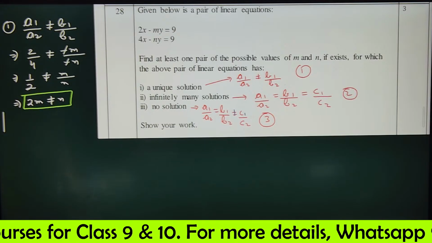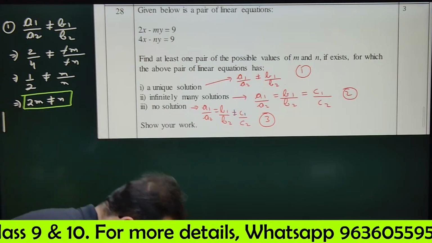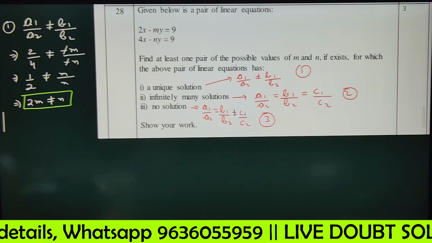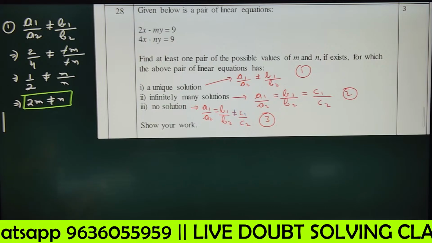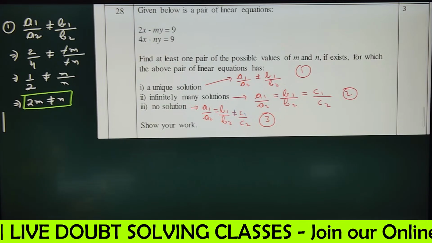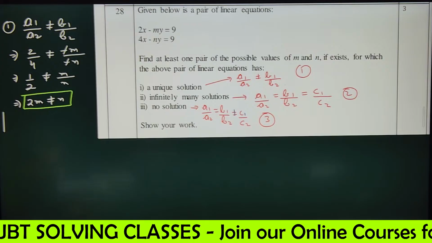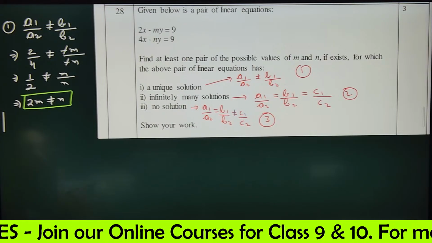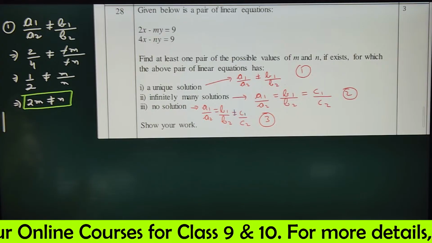See, the question says 2m not equals to n. Anything else it's not saying. You just have to read what the question says, twice, thrice. M upon n is not equals to half. That's it.